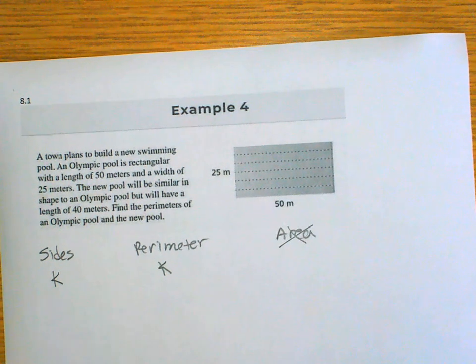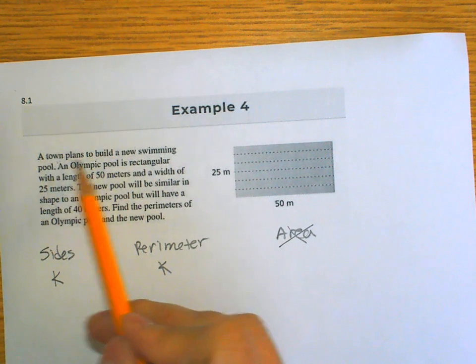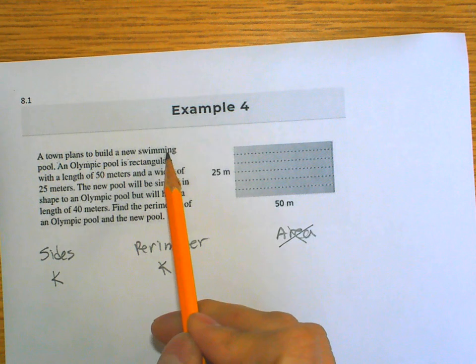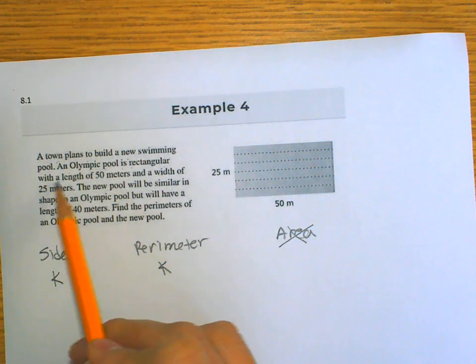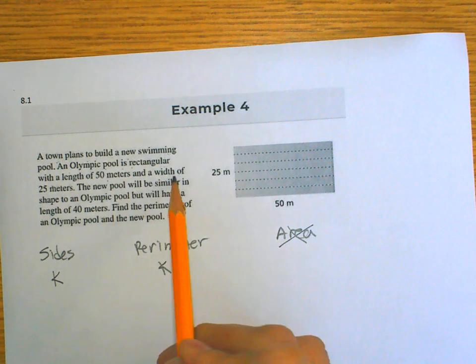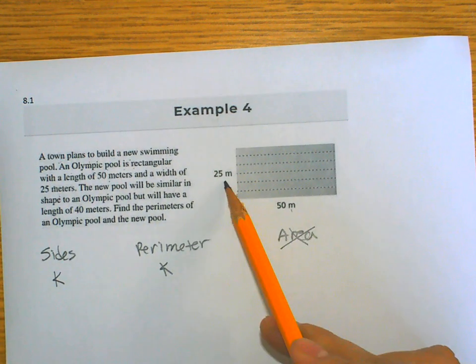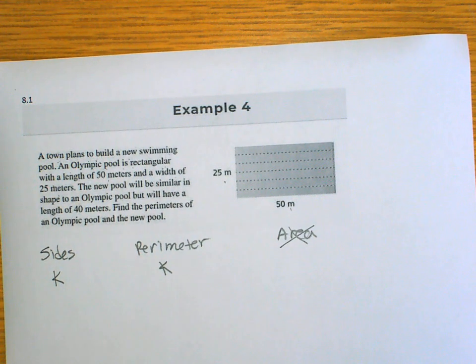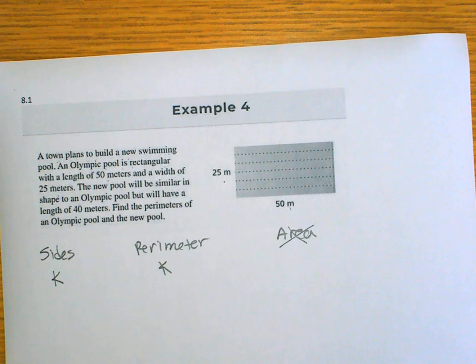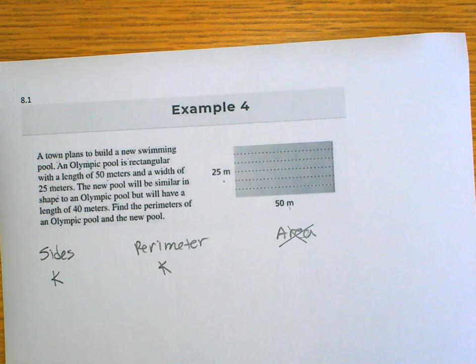So looking at this problem, it says a town plans to build a new swimming pool. An Olympic pool is rectangular with length and width, so 50 by 25. The new pool will be similar in shape to an Olympic pool, but will have the length of 40. And they want me to find out what the perimeter of the new pool is going to be.